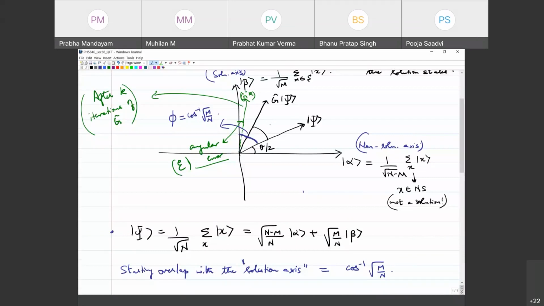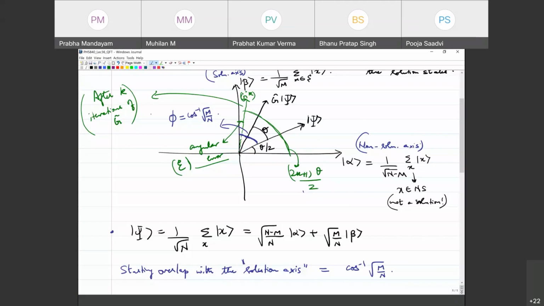Let me mark that also in green. So this big angle out here is 2k plus 1 theta by 2.